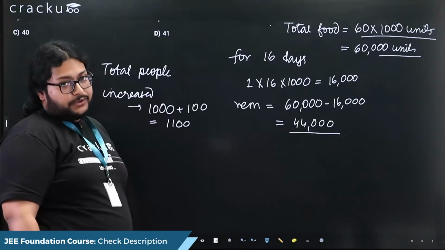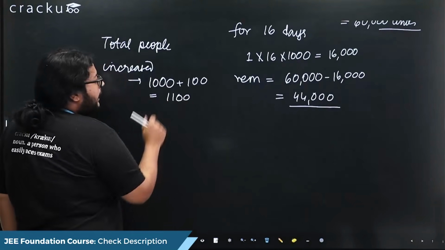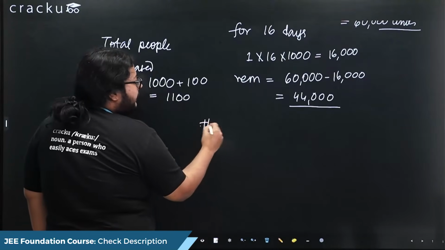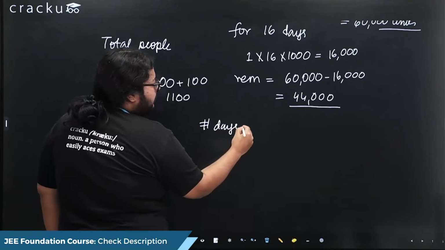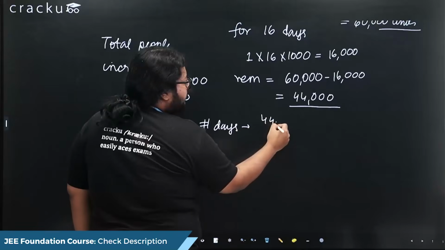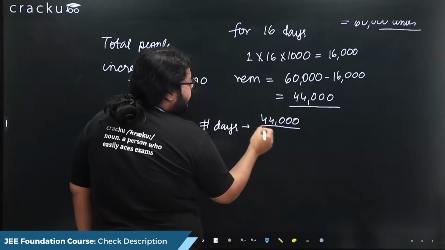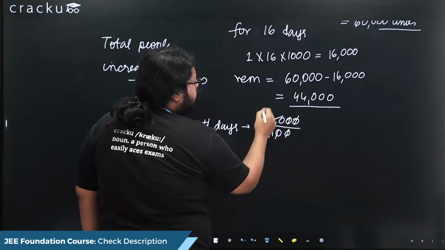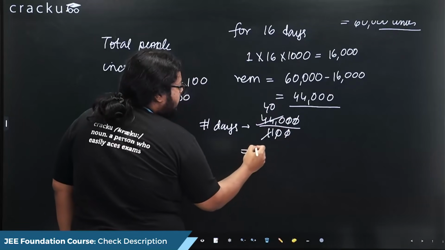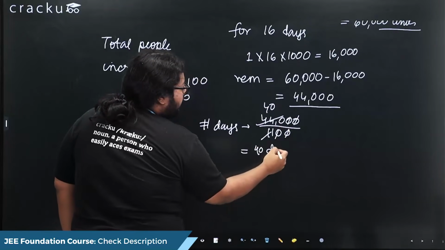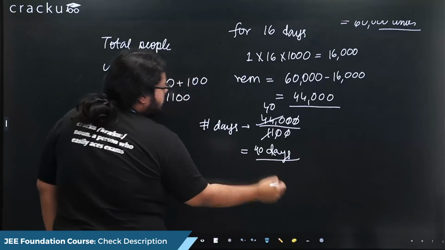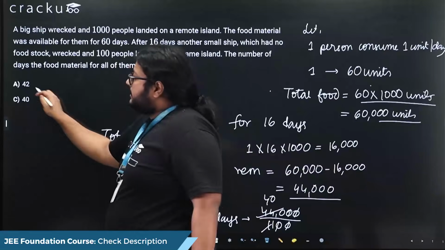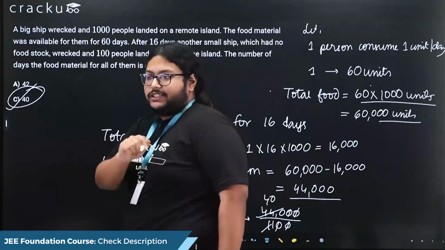How many days will it last? The number of days is the total food divided by the total people. 11 4s, so they have food remaining for 40 more days. So the answer is option C, which is 40.